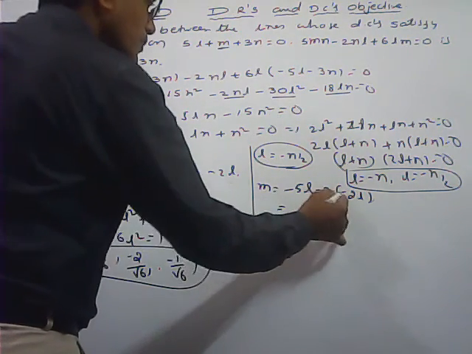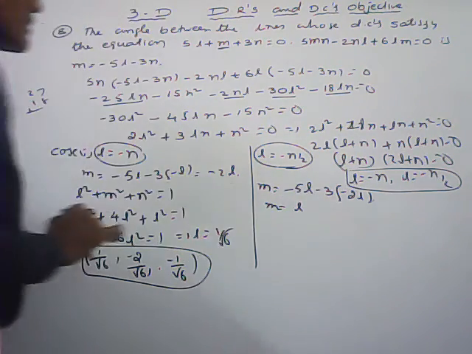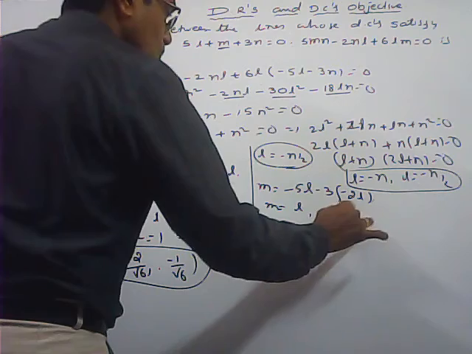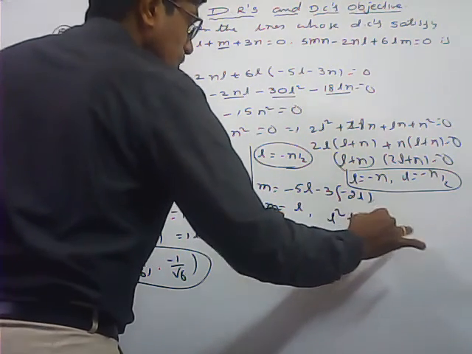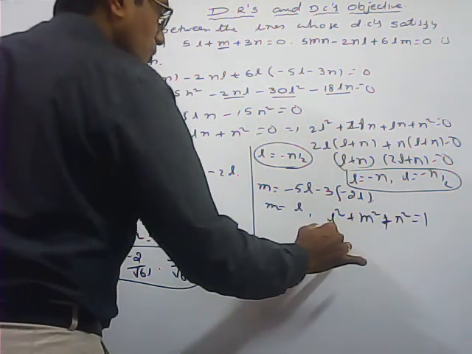So that is l only we are getting: minus 5l plus 6l, that is l only. And l square plus m square plus n square, that is equal to 1. l and m both are the same only.